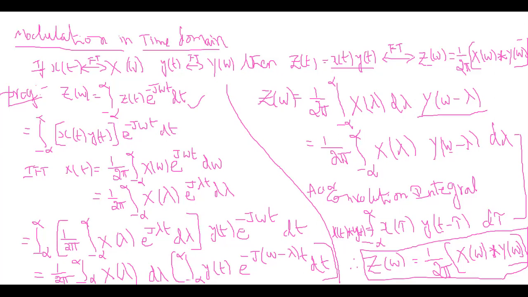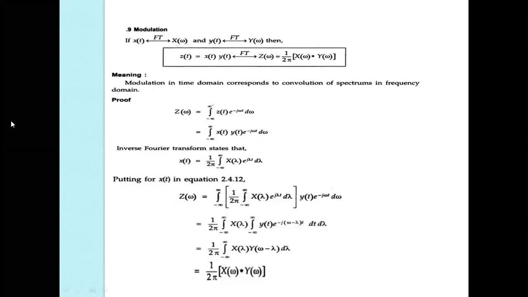Alright, my students. So the modulation theorem says the same thing. According to the inverse Fourier transformation, x of t is equal to 1 by 2 pi integral from minus infinity to infinity of x of lambda e power j lambda t d lambda.